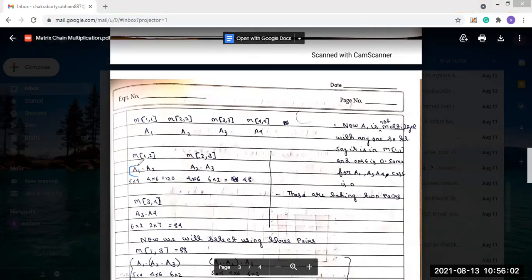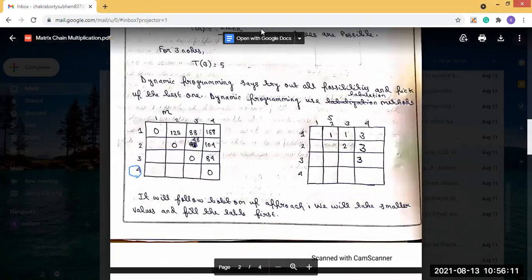So that means A1 is giving this result. That's why it is written as 1, because A1 into A2. So multiplying with A1, we are getting the value. So that's why here 1 is written.